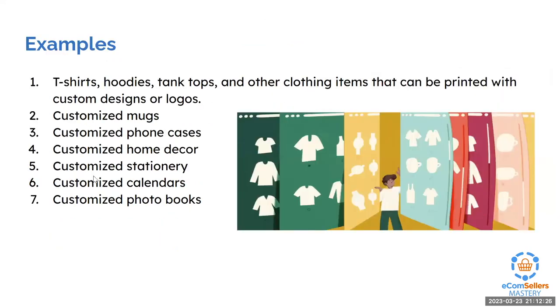So examples, I mentioned a bunch of stuff. Stationery is one, calendar is one, but photo books, you could definitely do photo books. Coffee mugs, phone cases, more t-shirts, hoodies, tank tops, leggings, tennis shoes, jewelry. So all of those are more examples of physical products.